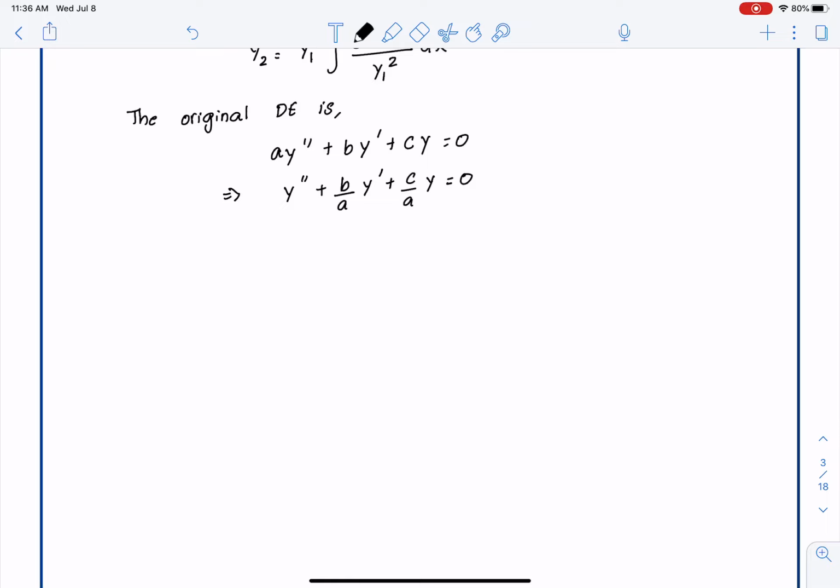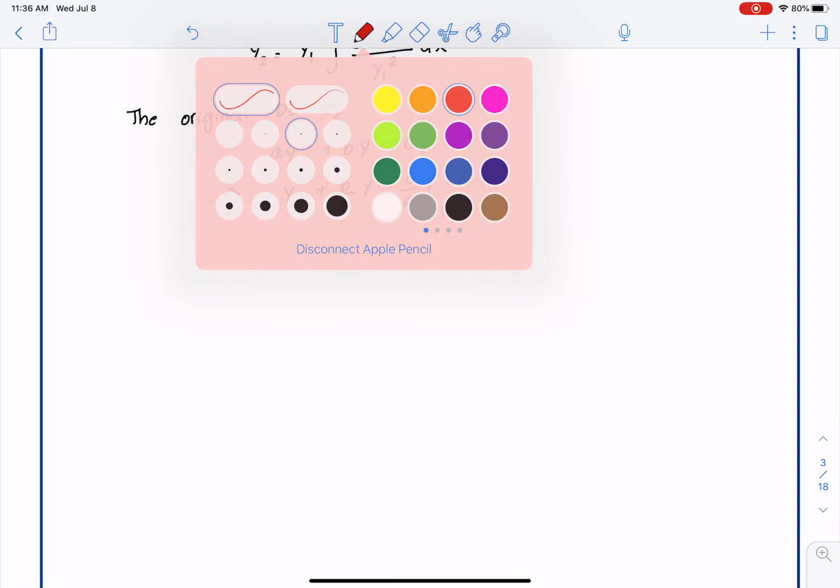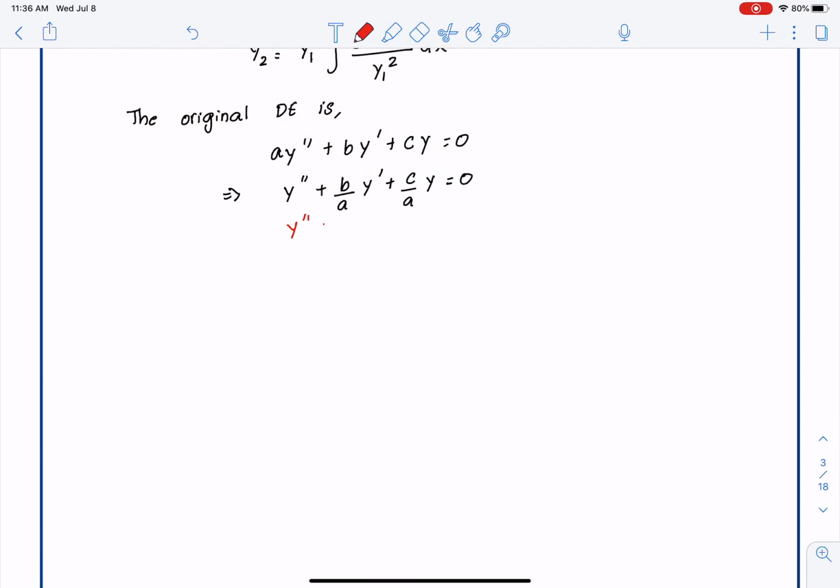And we have to make a direct comparison in reduction of order to y double prime plus py prime plus qy equals 0. If I compare, I'll find p to be b over a and q is c over a.